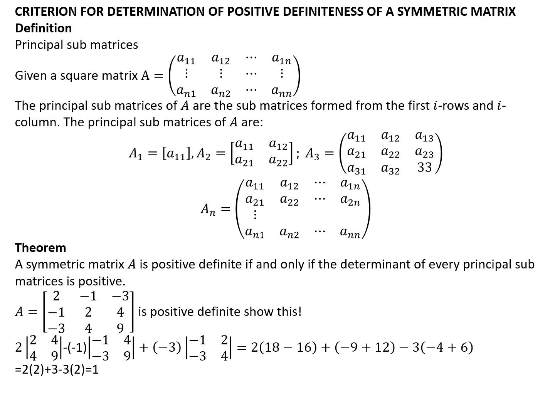Then look at the second column. You have -1. Cancel out row 1 and column 2. So you are left with -1, 4; -3, 9.